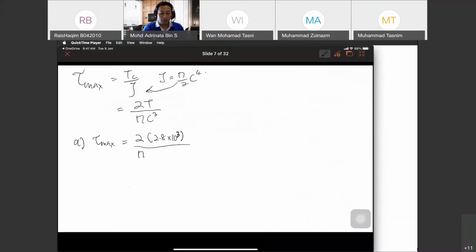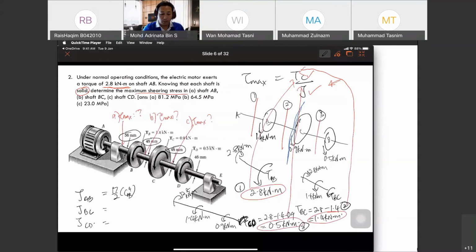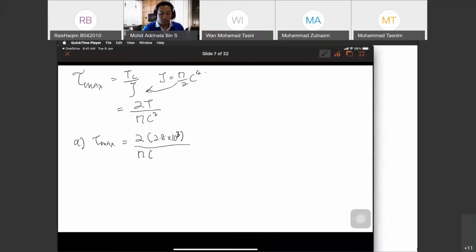C is, tengok balik, 56, 28 lah. C. Ni 24. Ni pun 24. Okay.